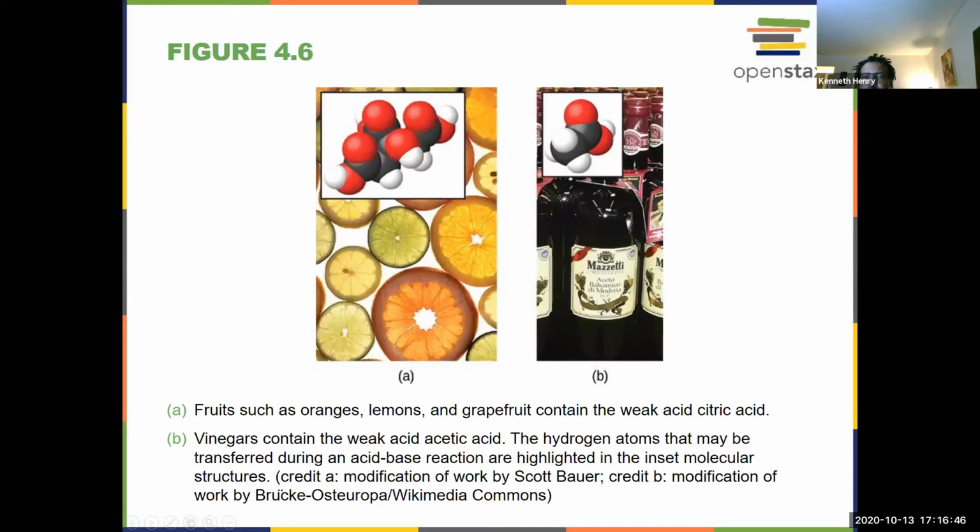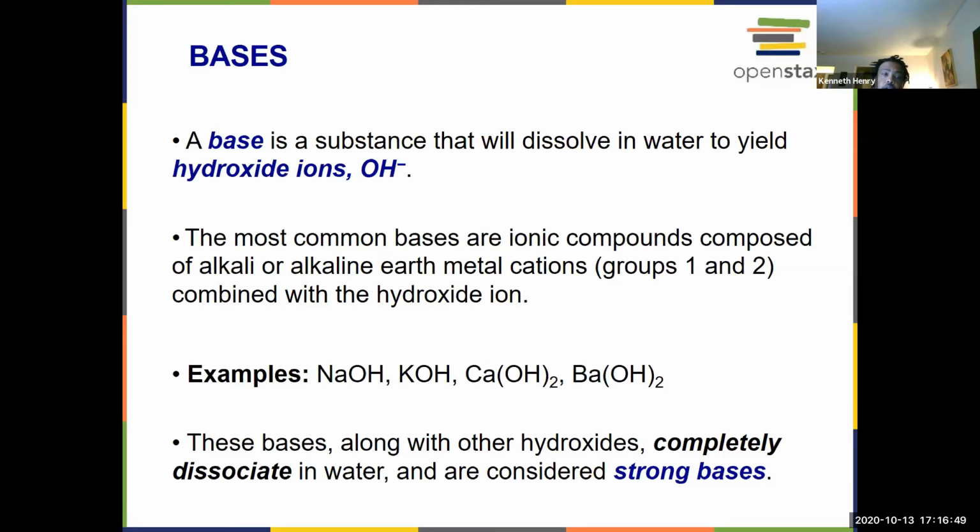Okay, so bases. A base is basically a substance that, when dissolved in water, is going to yield the hydroxide ion, the OH minus ion. The most common bases are going to have either an alkali metal or alkaline earth metal attached to them, so they're going to have the ions associated with that. So we have the sodium ion. Sodium hydroxide, potassium hydroxide, calcium hydroxide, barium hydroxide.